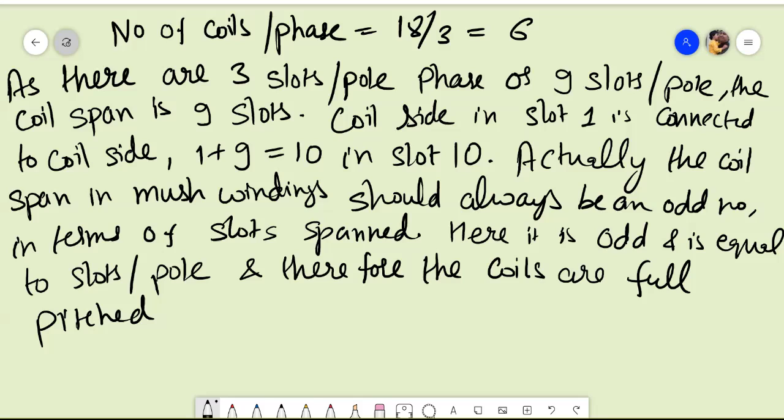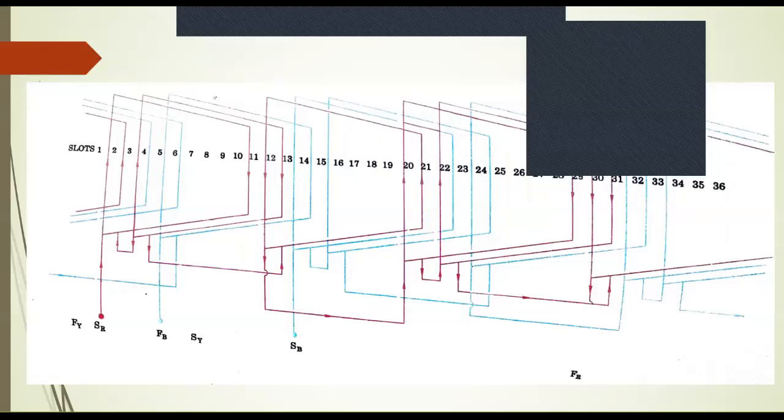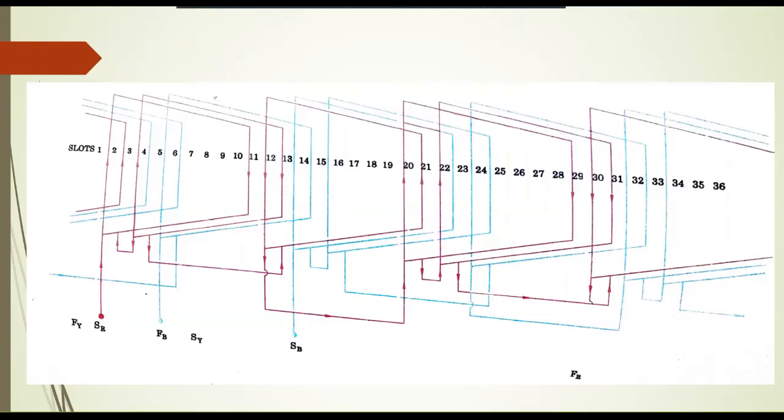Okay, so I will just show you the actual winding diagram. Just give me a minute. Okay, so dear students, you can just see the winding diagram. The winding which we have designed, I'm showing you. These are the slots, numbers 1, 2, 3, 4, 5, 6, and then we have the windings here starting from SR, then FB, SY, SB, FR.